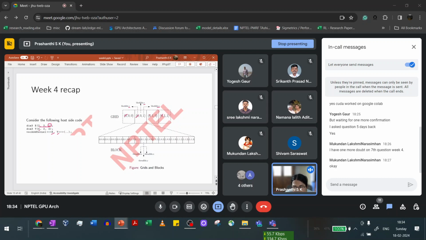Now let's come to the block part of it. The block is three-dimensional. It has all three possible dimensions. Again, notice that it's z, y and x. So it's 4, 2, 2, which means that one of the dimensions will range till 3. Basically your x will range from 0 to 3, y and z will range from 0 to 1.